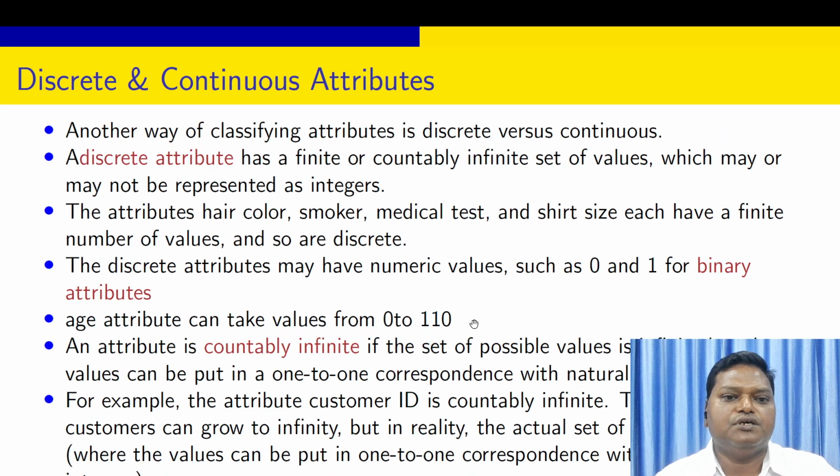Then another category of attributes is discrete and continuous attributes. Discrete means category. For example, gender is a category, male or female. It is a separate set of values. Continuous attributes have continuous values.